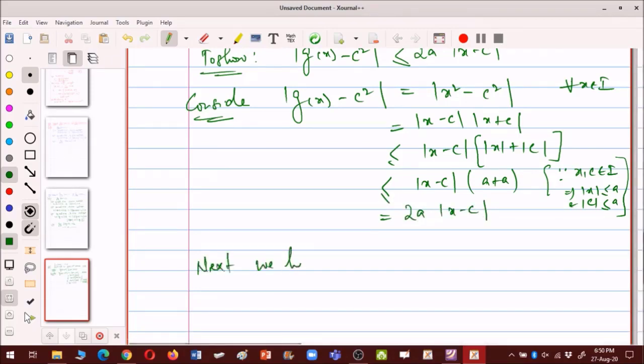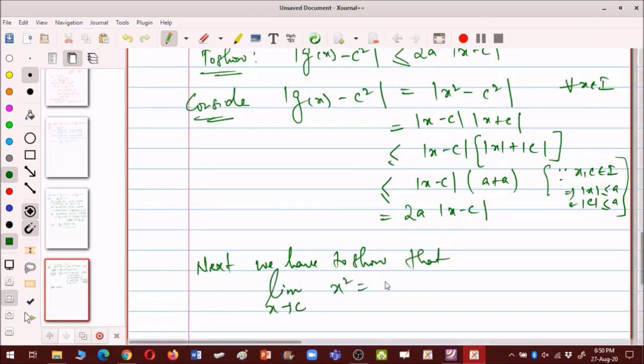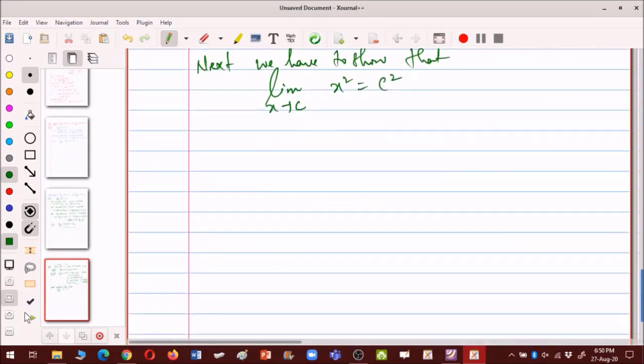Next we have to show that limit x tends to c of x² is equal to c². Mark it as star. Now, by definition, for each epsilon greater than 0, let epsilon greater than 0 be any real number.